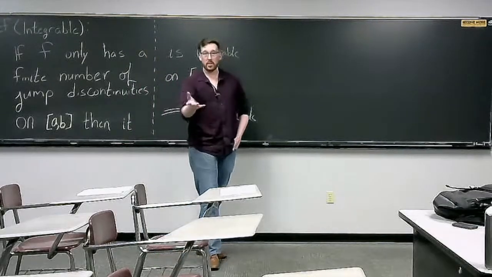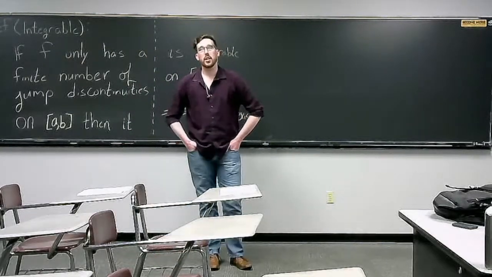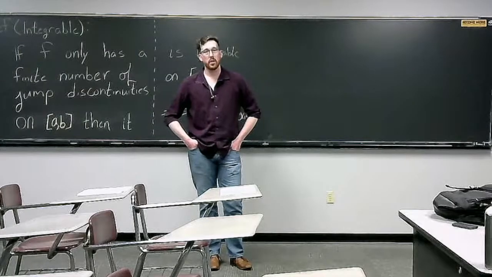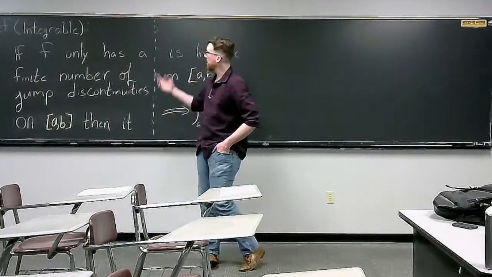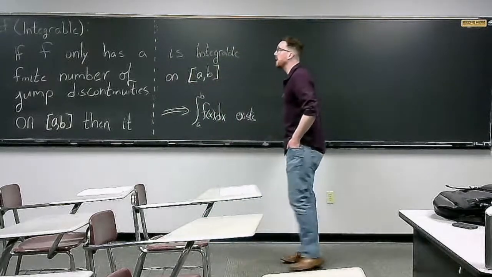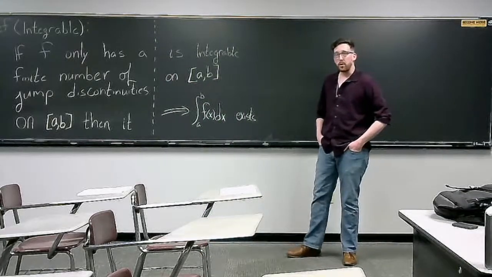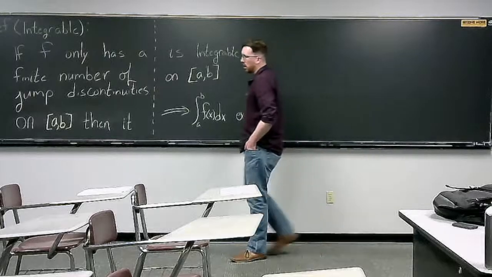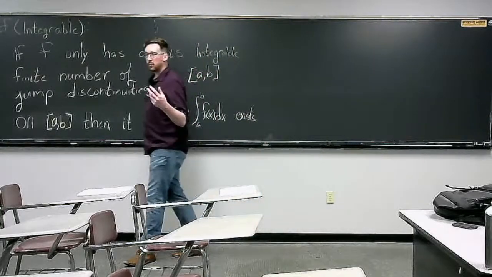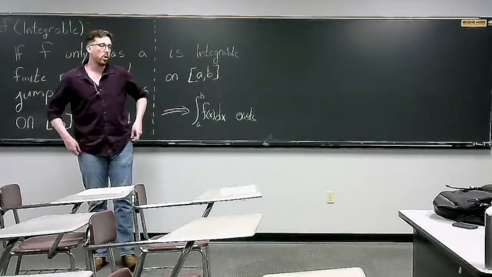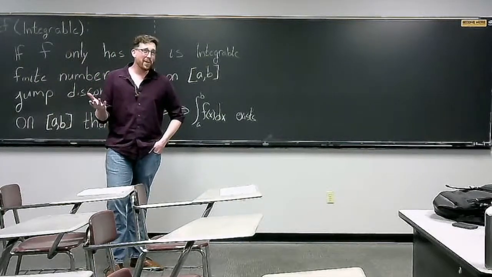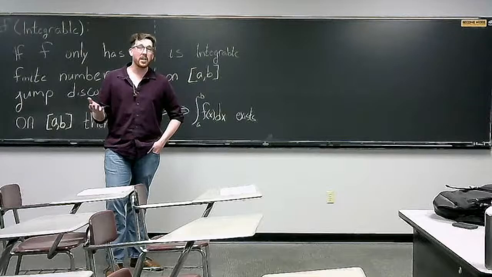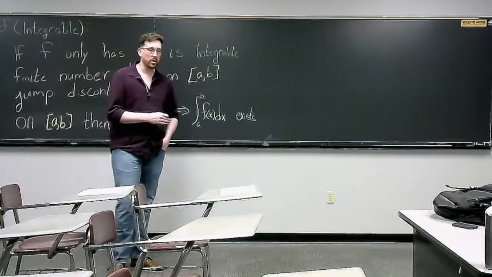So with having said all of that, I wanted to start off today's lecture with a quick definition, because we're going to be using this from now on. It's the idea of integrability and what it means for a function to be integrable. Now, if a function is integrable, what that means is at most, your function only has a finite number of jump discontinuities.